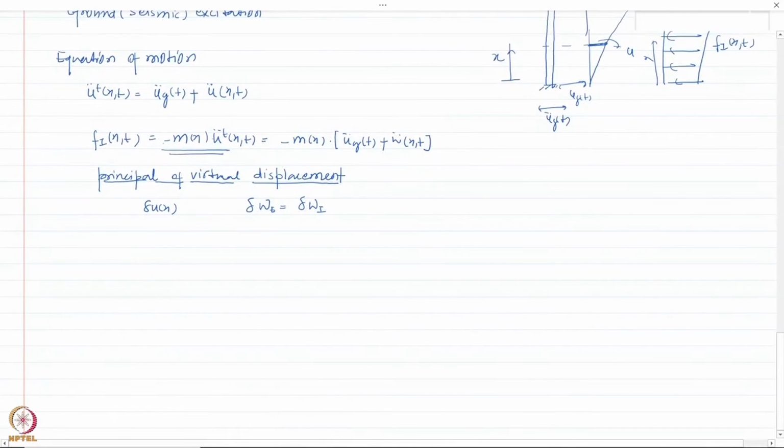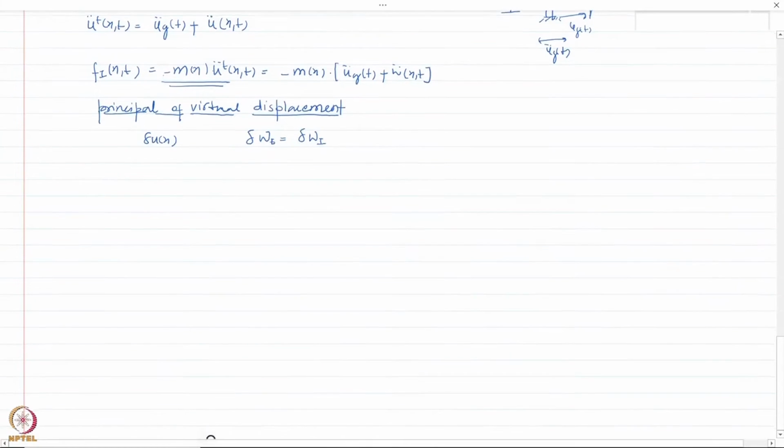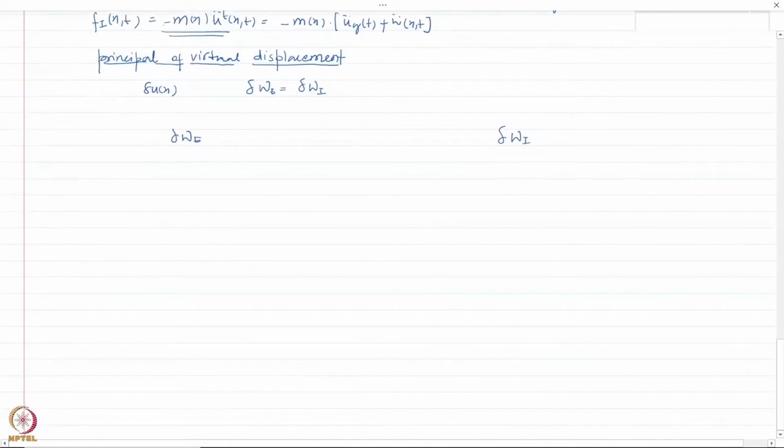Okay, now let us write down the work done, WE, external work, and internal forces. Now external work, as you know, can be computed as force times displacement.